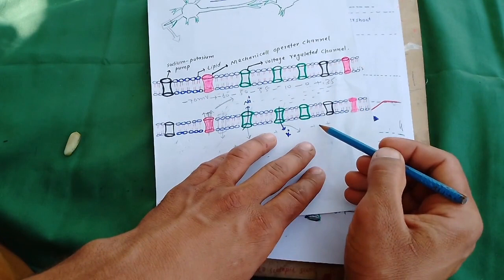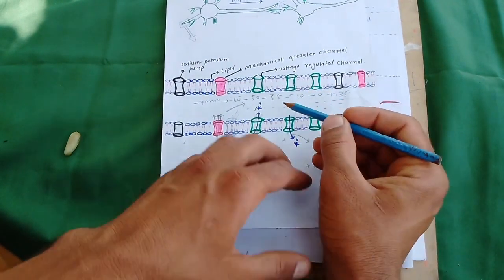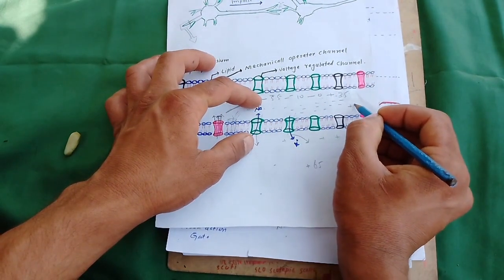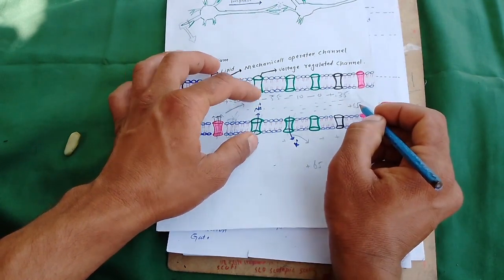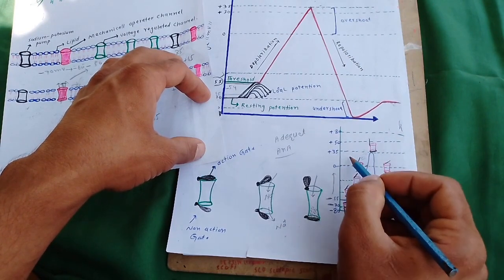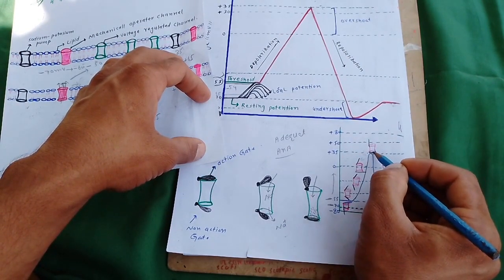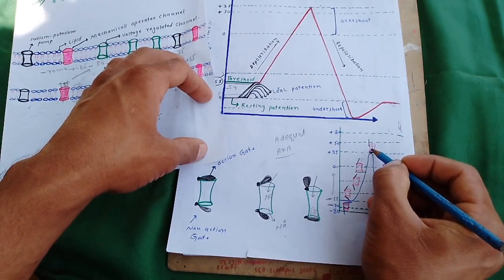Because there is negative charge inside and positive charge outside, the sodium goes inside. So this sodium wants to obtain its plus 65 equilibrium potential. But unfortunately, at this point, at 35 or 0 or 15 or 20, the non-action gate is closed and no more sodium goes inward. So this is the main concept.